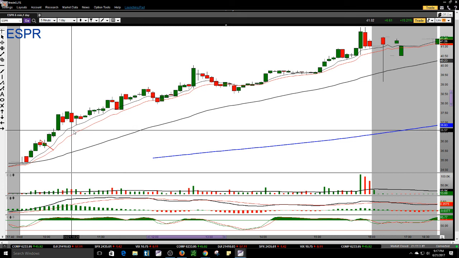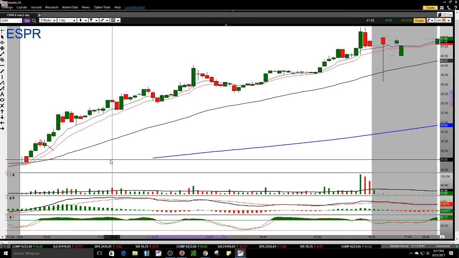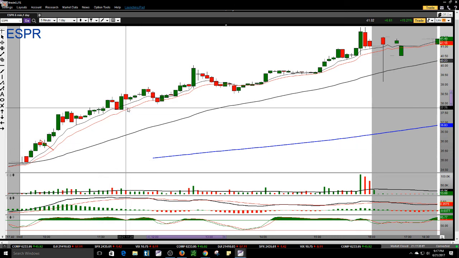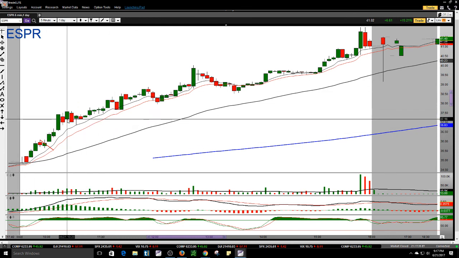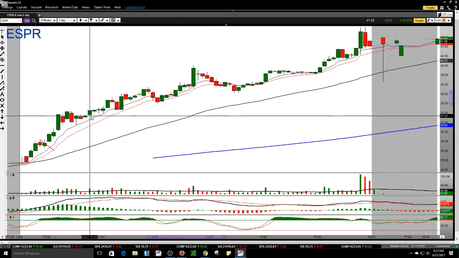At that time of the day I feel it's a good spot to look for pullbacks, and in a strong chart I'm looking for a pullback to go long into, and in a weak chart or a chart that's coming down, I'm looking for a pop to possibly short into. So that time of the day for me is about 10:30 to 11.